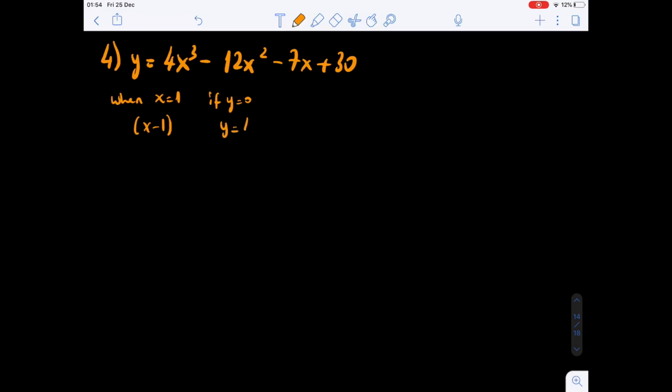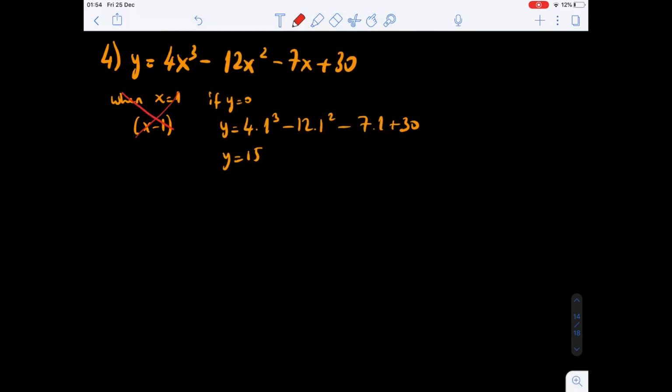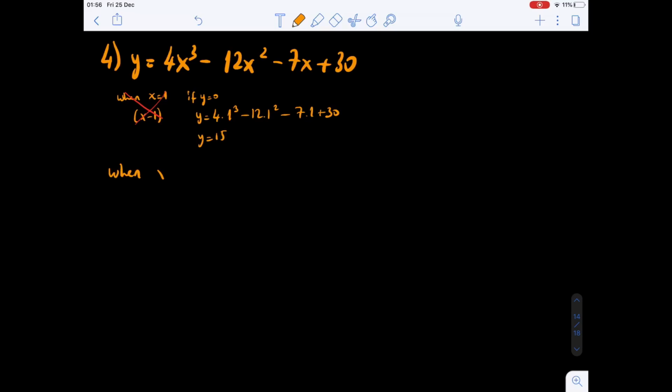Let's see, y equals 4 times 1 cubed minus 12 times 1 squared minus 7 times 1 plus 30, so y equals 15. So we can easily see that this is not a factor of our polynomial. Now when x is 2, let's ask if x minus 2 is a factor of our polynomial.